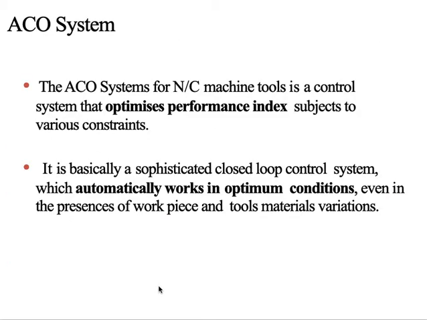The ACO, that is adaptive control optimization. The adaptive control optimization optimizes the overall efficiency of the production process or selected process parameter. In this form of adaptive control, a figure of merit, or M, is specified for the system.